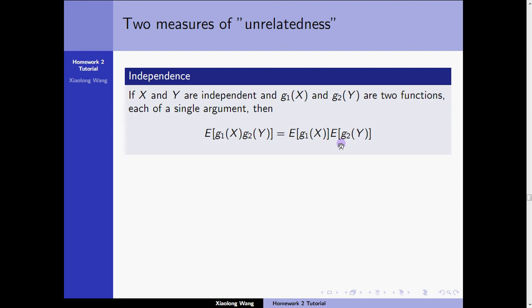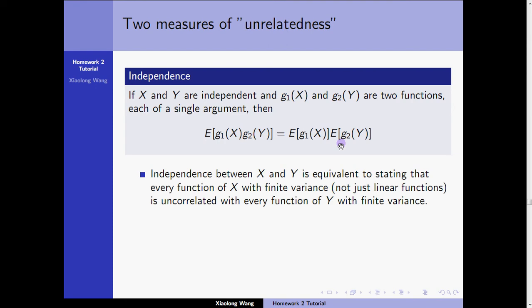So what does this mean? Independence between x and y is equivalent to stating that every function of x with finite variance is uncorrelated with every function of y with finite variance.